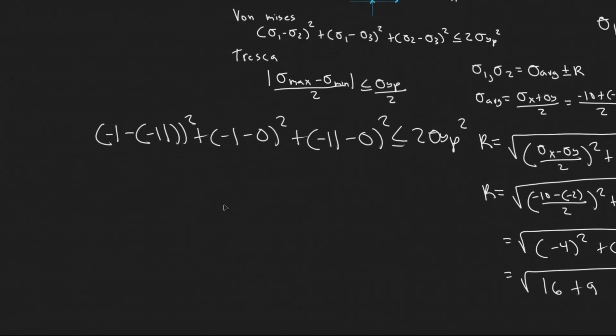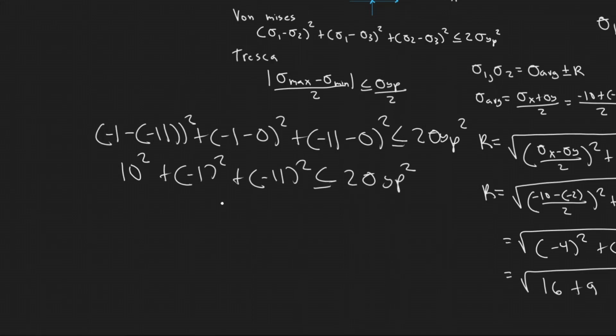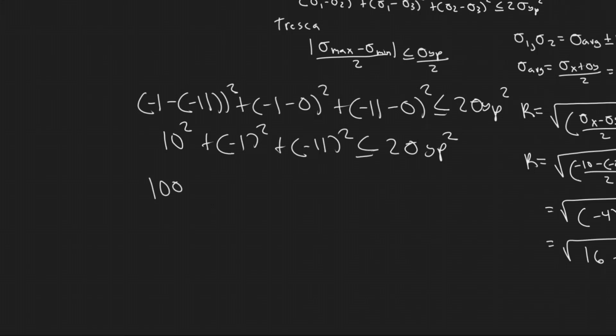So -1 minus -11, so you're just adding 11 to -1, it's going to give you 10, so 10 squared, plus -1 minus 0 is still -1, so -1 squared, plus -11 minus 0 is still -11 squared. Cool, so you have 100, plus 1, and then 11 squared is 121. The negatives obviously just cancel out.